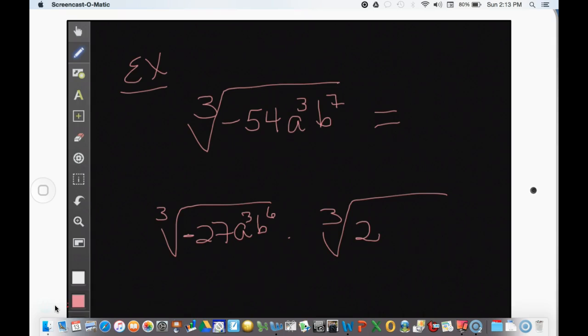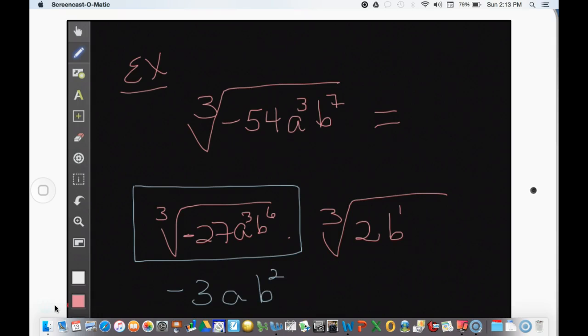And we'd multiply b to the 6th times b to the 1st to get b to the 7th. Now, I can take everything here and take it out of the little house and write that as negative 3 a b squared times the cube root of 2b. I'm going to give you one of these to try now. So take another try and we'll go on in a minute.